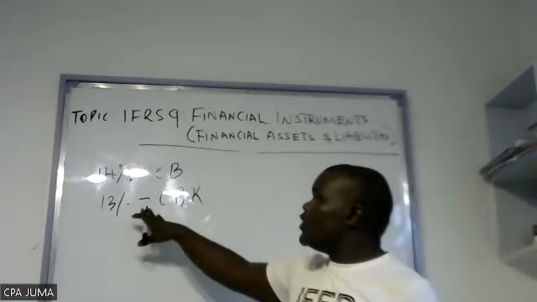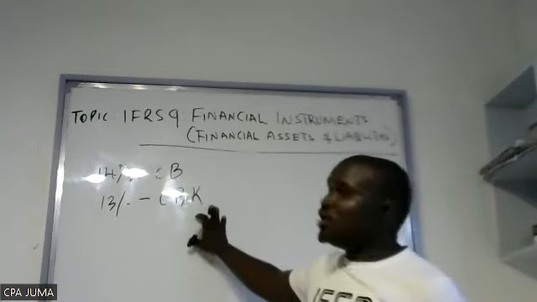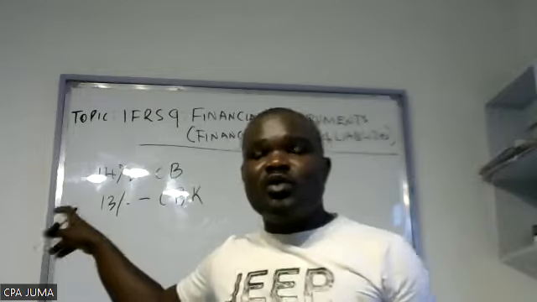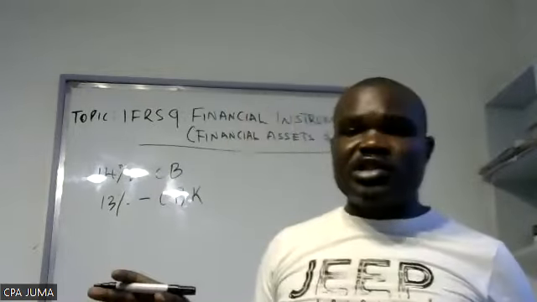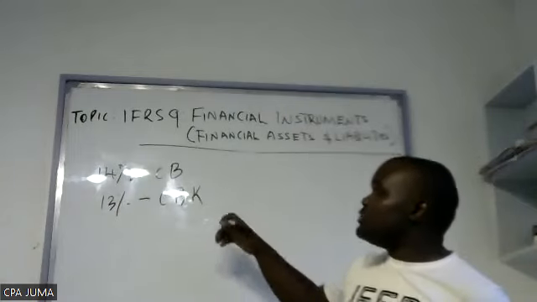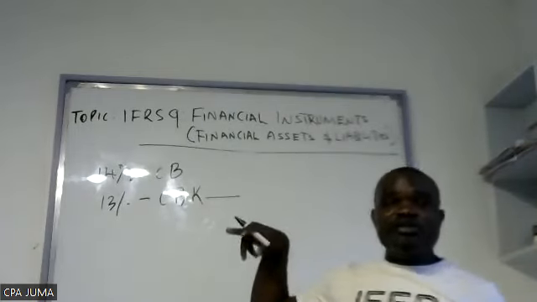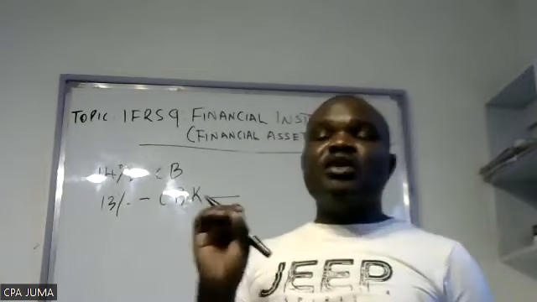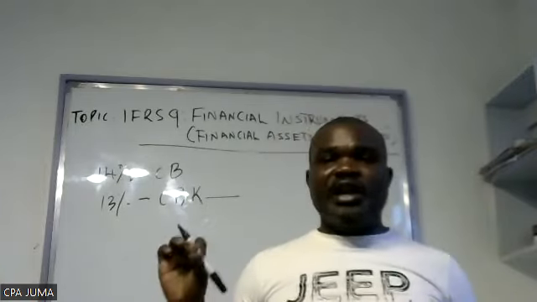So the CBK's lending rate is the finance cost, which in this question is the interest of similar bonds in the market. So this is the market rate. The market rate, when you are dealing with instruments, is the one you use for calculating the finance cost.